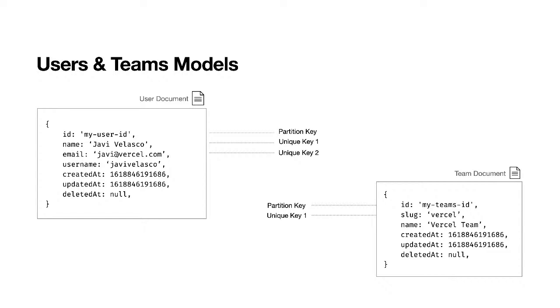Besides that, we need optimal access to users and teams using their unique values. When we choose the partition key, we would say that it is the ID in these cases because it's the most common access pattern. But still, we're going to have many places where we need to find a user by email, for example. And that's going to be a cross-partition query that over time can be very, very damaging.